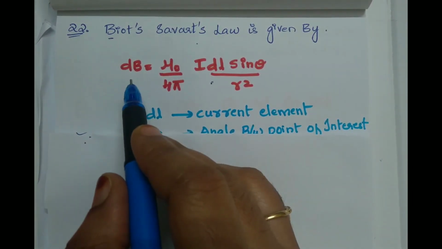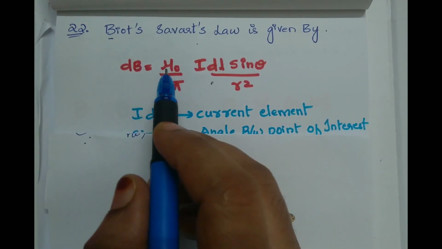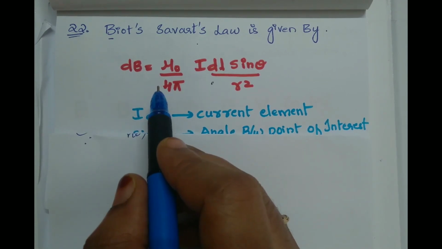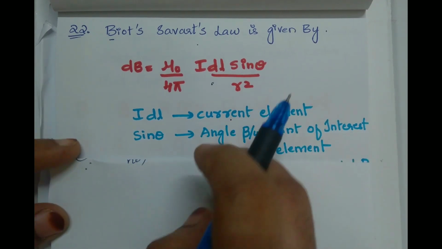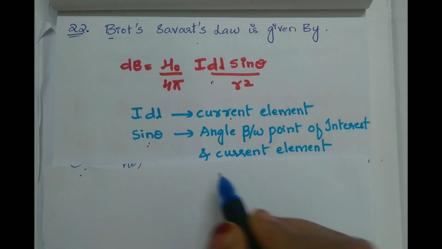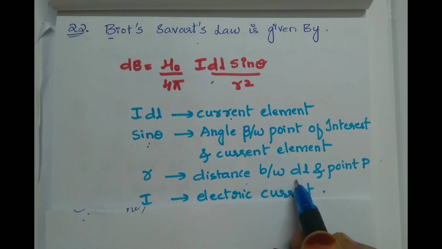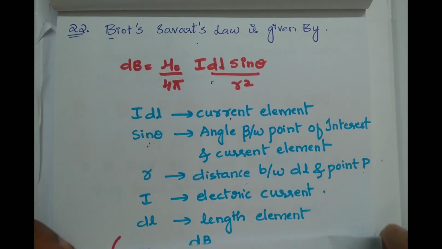So if you want to find the magnetic field at any point due to the current element, the magnetic field at that point will be directly proportional to the current element and the sine of the angle between the point of interest and the current element. Then we have the distance between the current element and the point P, and I is the electric current.